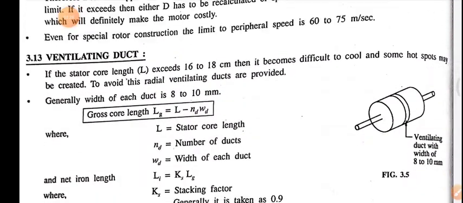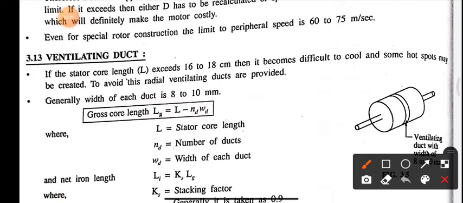Now ventilating ducts are generally used for cooling purposes. You might have seen that in transformers also we use ventilation ducts. So when we talk about the induction motor, if the stator core length is beyond 16 to 18 centimeter, then cooling by natural means becomes very difficult, and due to that there is a possibility that certain hotspots may be created on various parts of the stator.